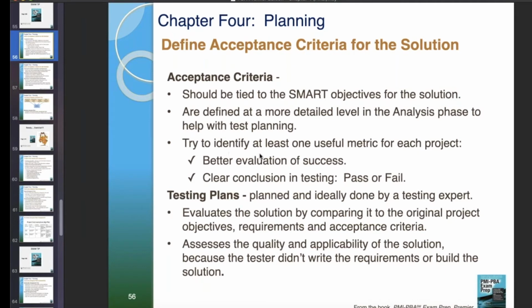Try to identify at least one useful metric for each project. It's a better evaluation of success and a clear conclusion in the testing of pass-fail criteria. Testing plans, ideally done by a testing expert, evaluate the solution by comparing it to the original project objectives, requirements, and acceptance criteria. It assesses the quality and applicability of the solution because the tester didn't write the requirements or build the solution.